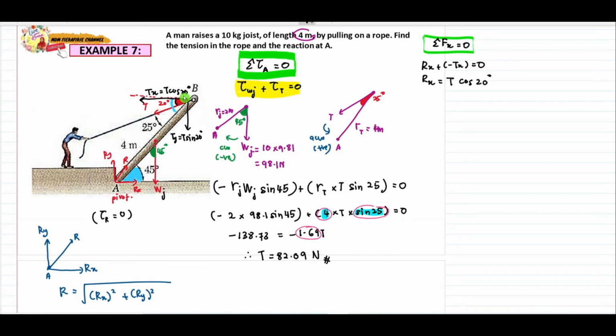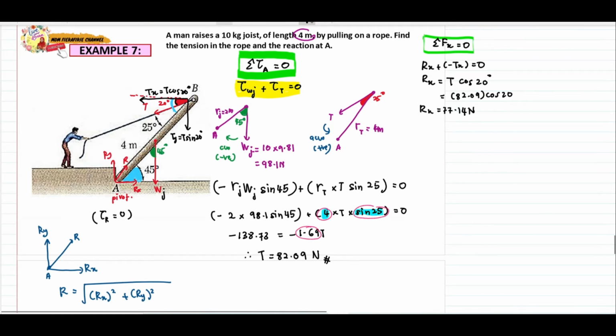We use the information here, which is 45 degree. The total here, the blue one, is 45. So 45 minus 25, the red color here should be 20 degree. So we substitute T, which we got earlier as 82.09, cos 20.